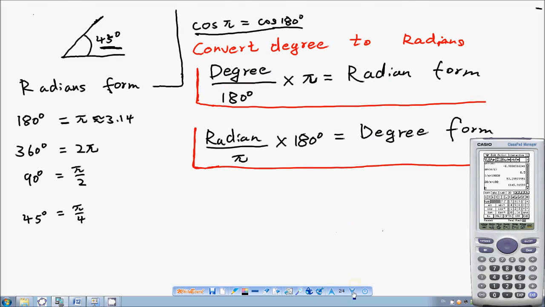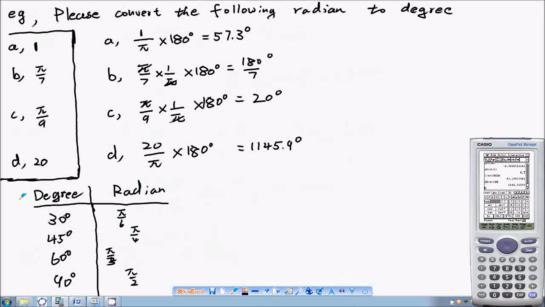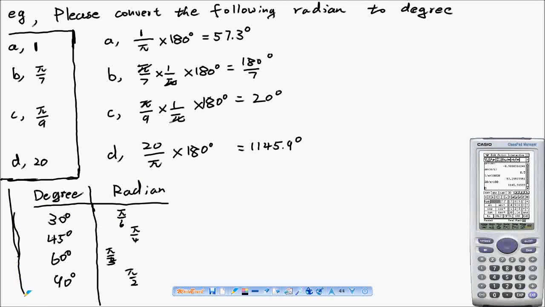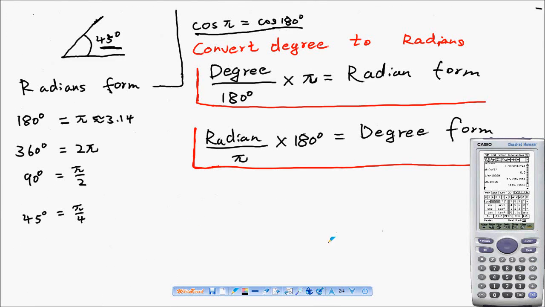You don't try to remember the table, because sometimes I saw a lot of students, just before the year 11 topic test, try to remember this table. Please don't do that. Just remember the formula, and every time you figure it out, it's easier this way.